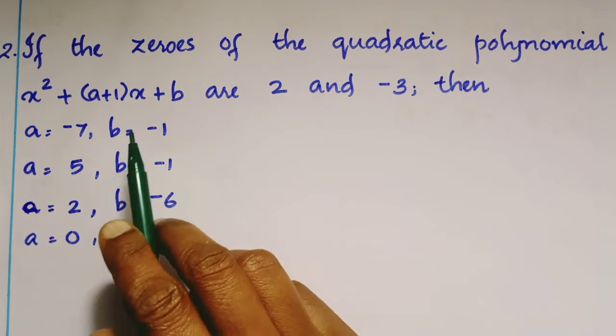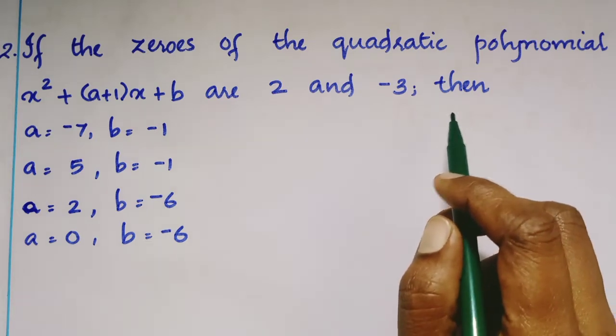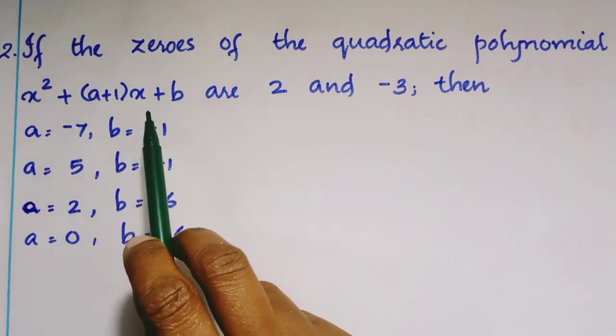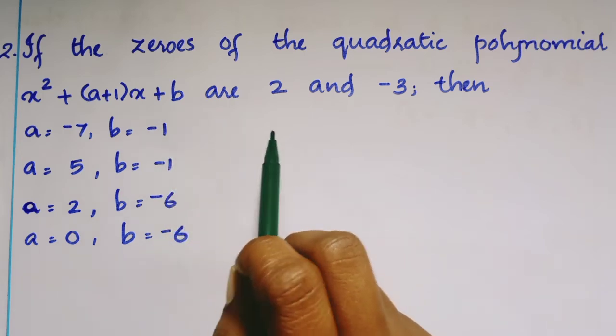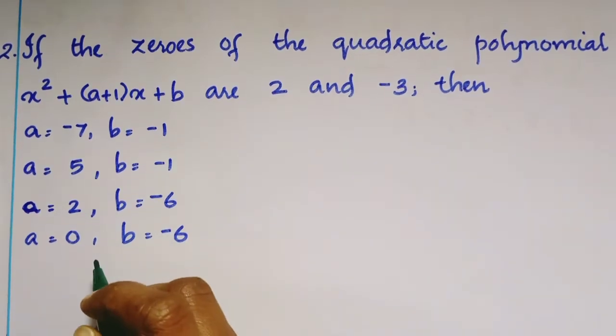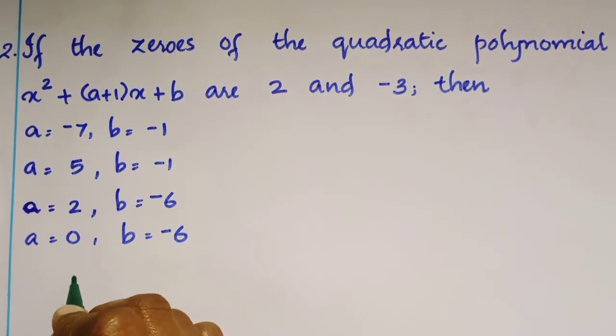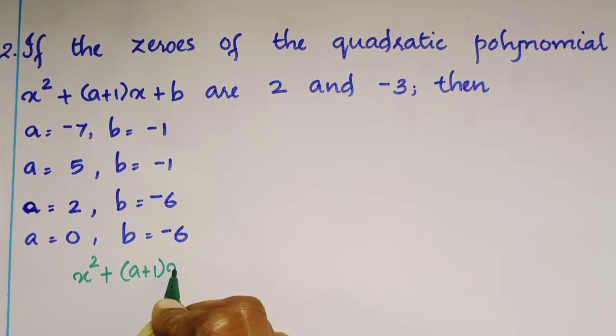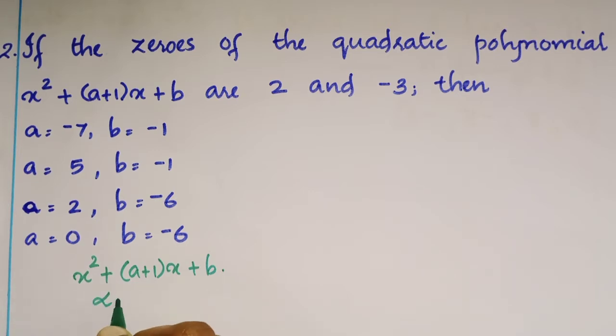Once again, if the zeros of the quadratic polynomial x square plus (a plus 1)x plus b are 2 and minus 3. Then what is given? Yes, the given polynomial is x square plus (a plus 1) into x plus b. Then alpha is 2 and beta is minus 3.